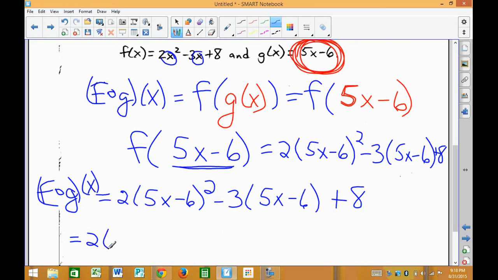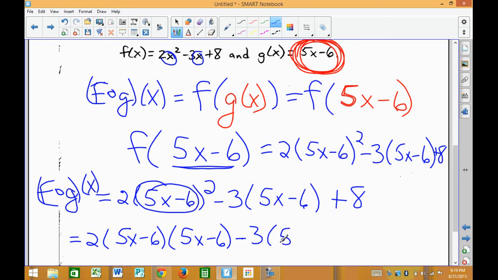Hopefully everybody understands that an exponent simply tells us how many times we're going to write whatever it is raised to. I have a quantity right here, 5x minus 6 squared, so I'm going to write the quantity 5x minus 6 twice. Minus 3 times 5x minus 6 plus 8.